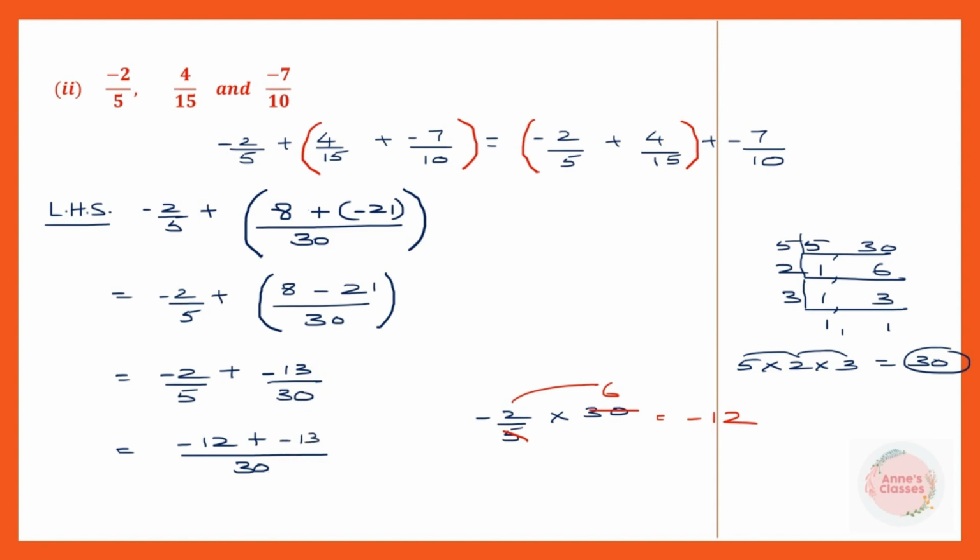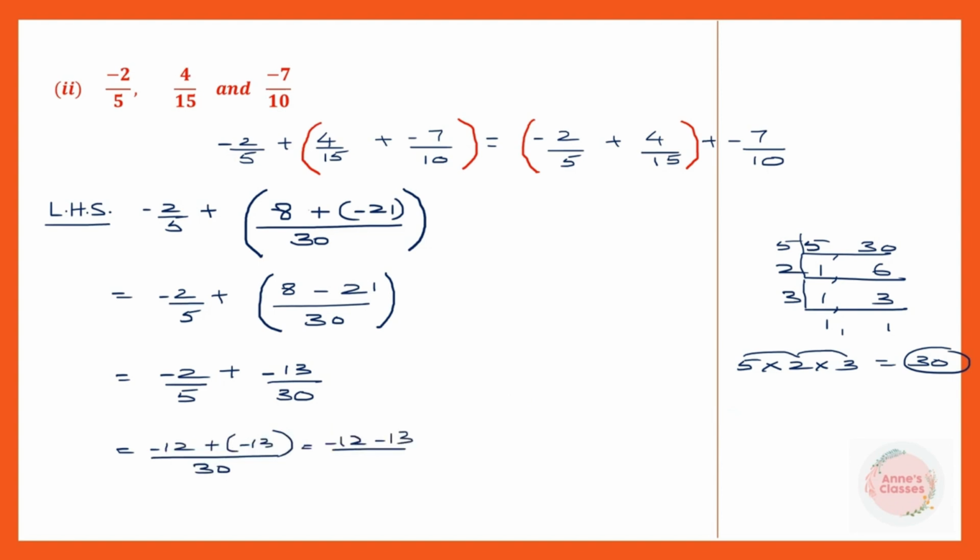So that's minus 13. So this is now equal to minus 12 minus 13 by 30. So here you can see minus 12 minus 13 signs are the same. So we put the same sign and we add 12 plus 13 is 25. Minus 25 by 30. This is the answer that we have got here on the left hand side.